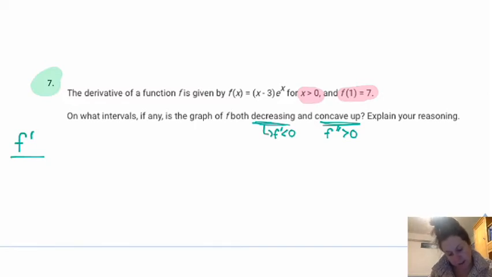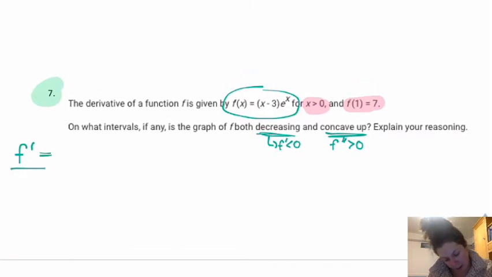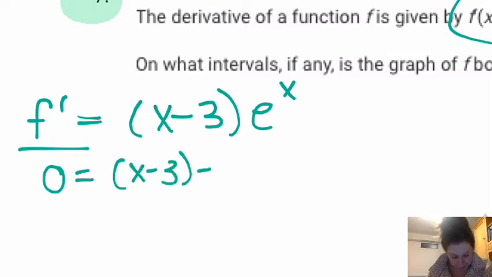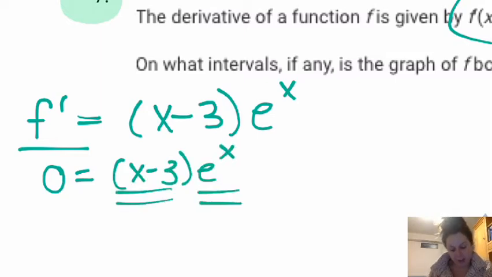So the derivative of f is given by this. This is f prime. So f prime equals x minus 3 e to the x, right? So since that is f prime, I'm going to set that equal to 0. And e to the x will never equal 0, but x minus 3 would equal 0 at 3. So this has a critical value at x equals 3.